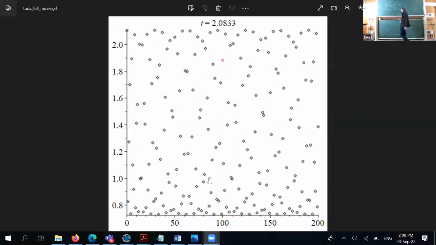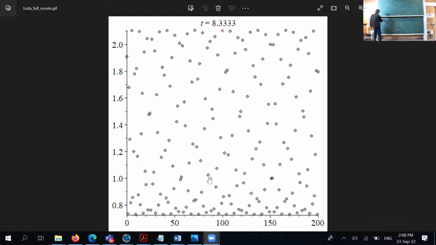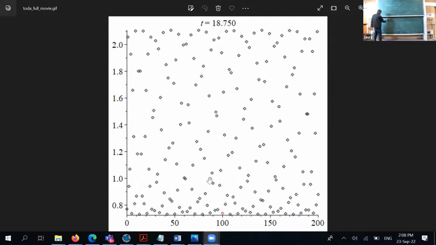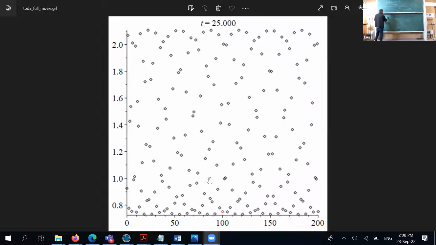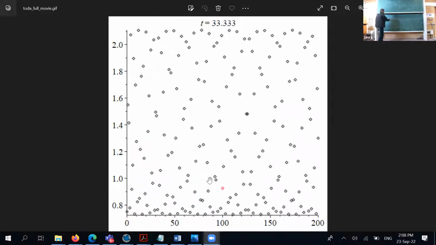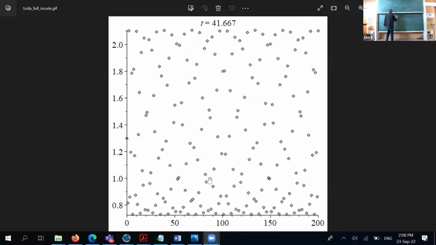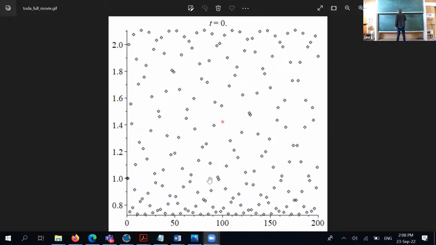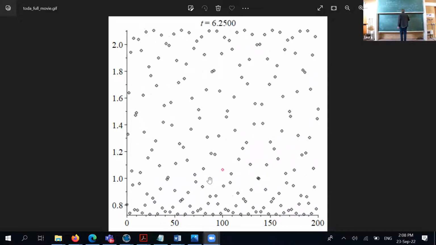There are various limits where you take n goes to infinity and you tune the parameters appropriately.